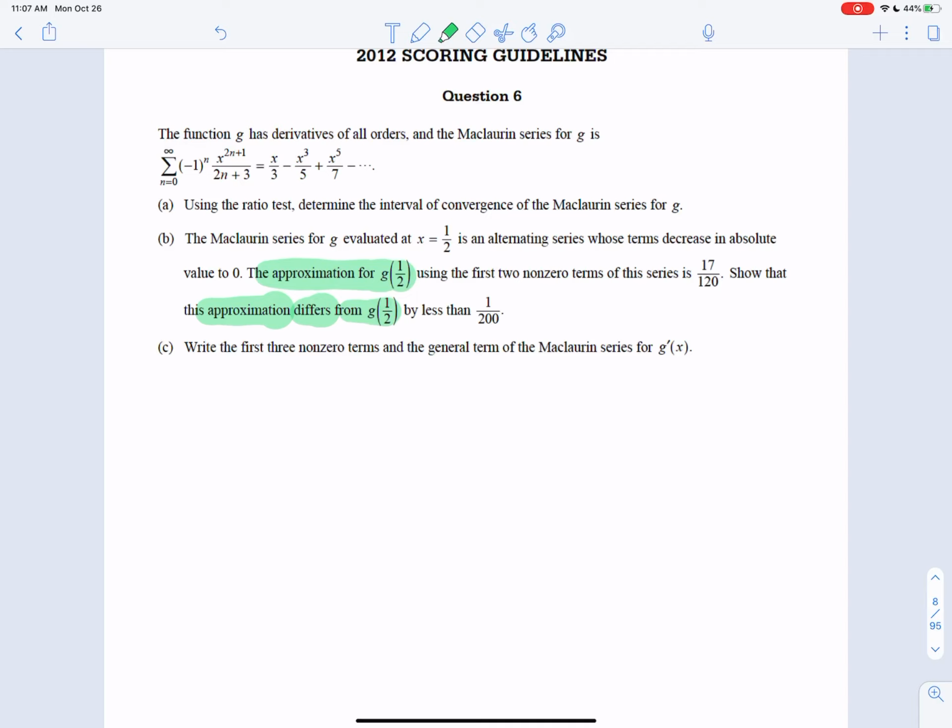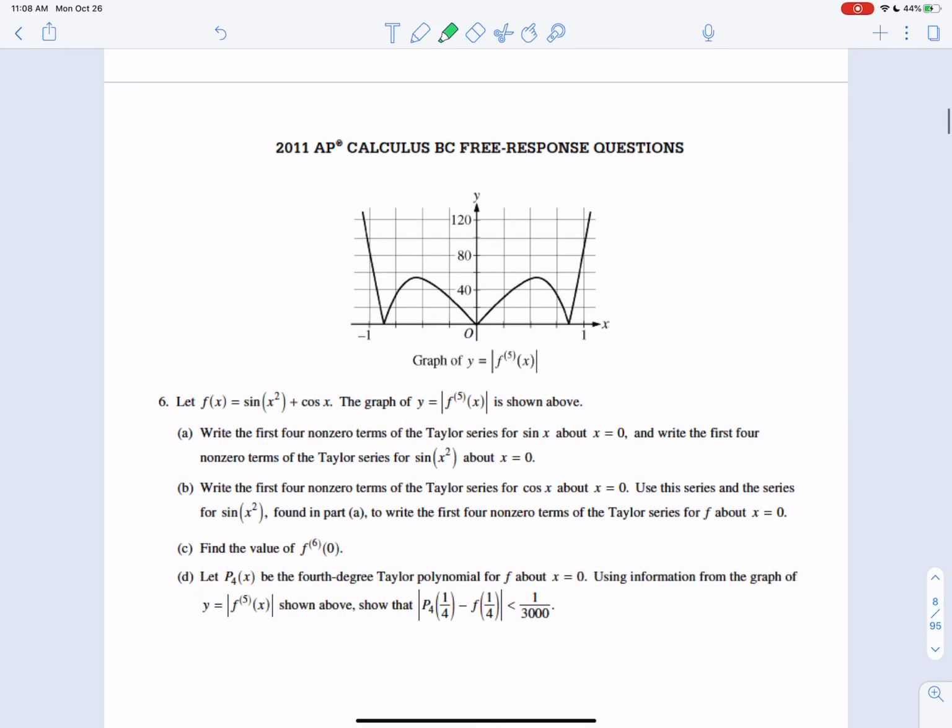Let me translate that for you guys, okay? Show that the approximation differs from the actual. That right there is, again, error, but just phrased in a very different way, okay? So you guys are getting used to the verbiage, and then I'll show you how to actually do it, okay?